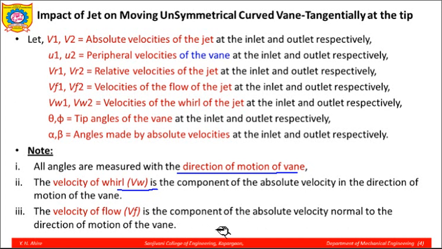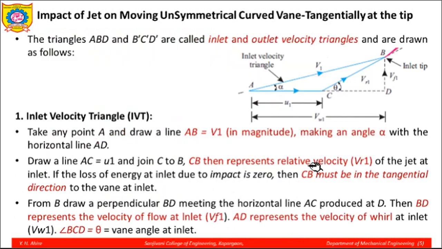So the Vf component is normal, and the Vw component is tangential. The triangles ABD and B'C'D' are called the inlet and outlet velocity triangles. So ABD is the inlet velocity triangle.